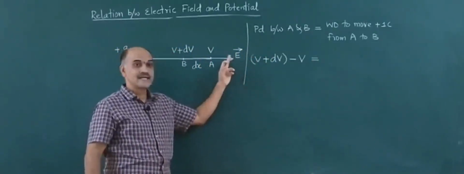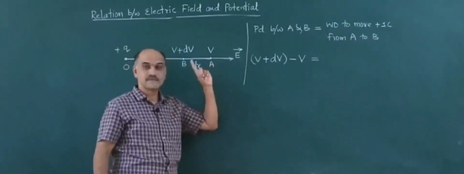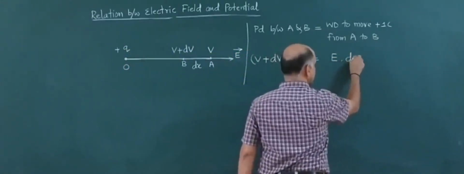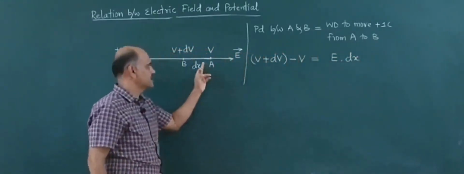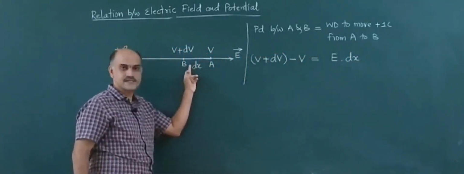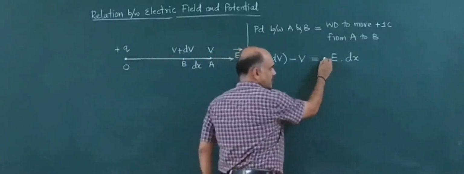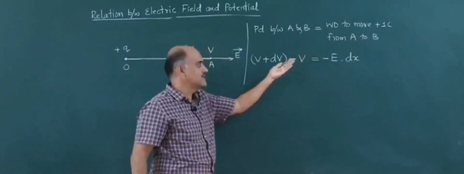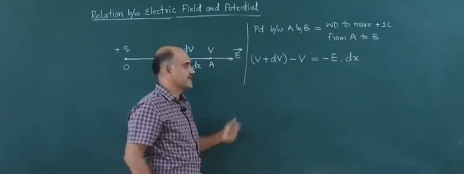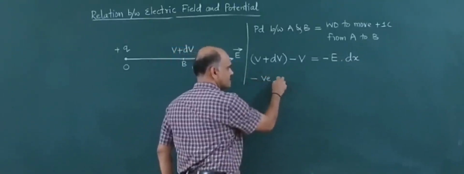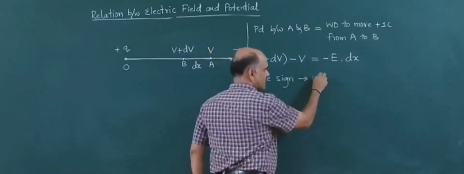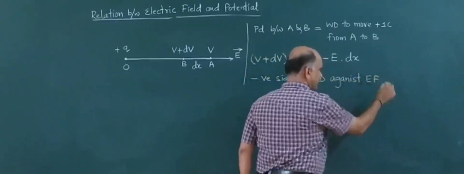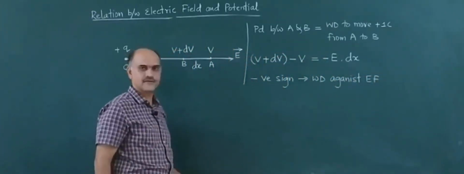In place of force I can take E, because E is the force experienced by one coulomb. So this is E into distance moved, or displacement, dx. Here don't forget to take a negative sign. Negative sign indicates work is done against the electric field.